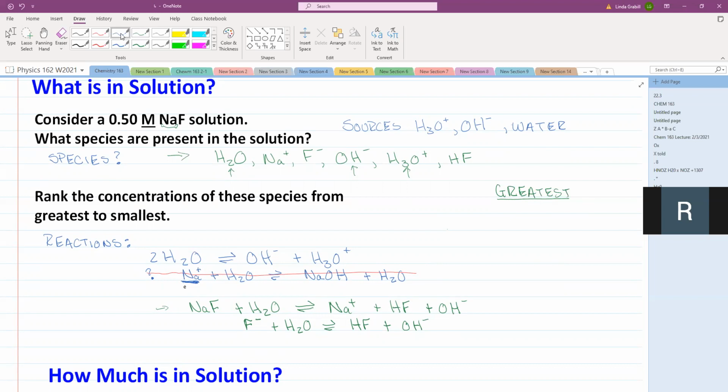So what you're correct about is that because I have this autoionization of water and fluorine is a basic reaction, the pH of this thing is going to be basic. I have two sources of hydroxide, so I know it's going to be basic.